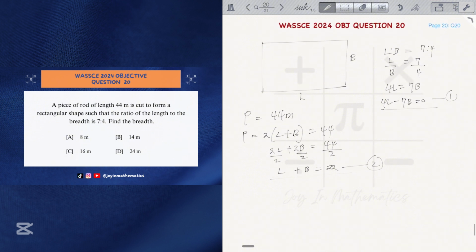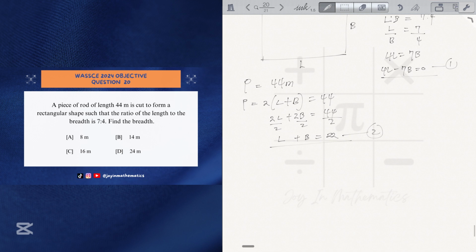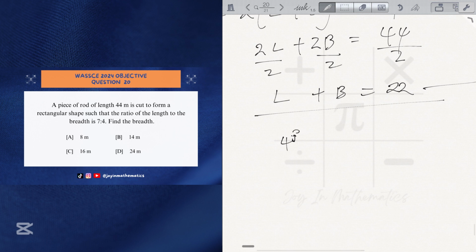What we are looking for exactly is the value of B. So let's solve this simultaneous equation together. Let's bring them together. 4L minus 7B is equal to 0, and L plus B is equal to 22.